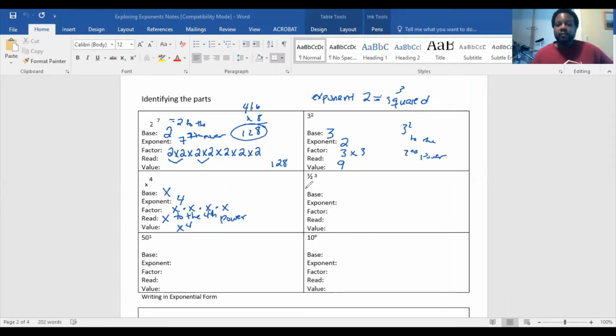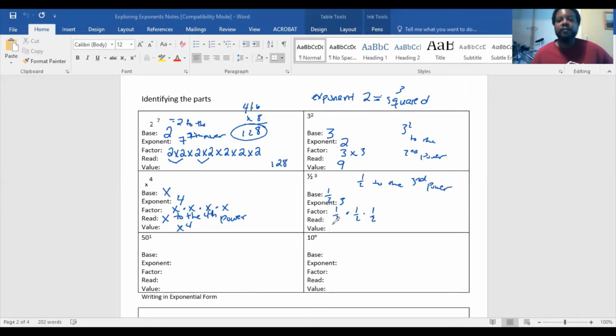Same thing here. What is my base? My base is 1/2. What is my exponent? My exponent is 3. So when I factor that, it's 1/2 times 1/2 times 1/2. And how do I read this? I read this as 1/2 to the 3rd power.